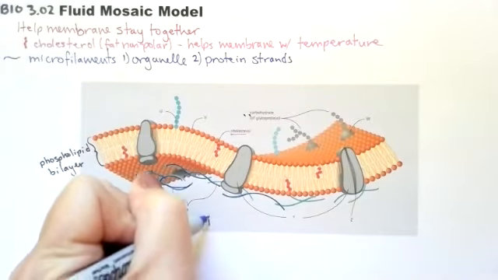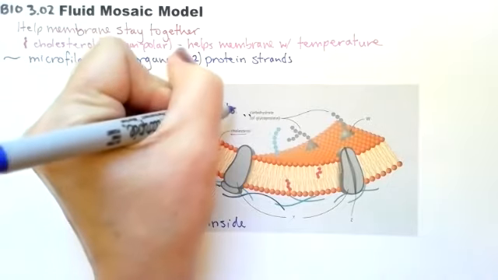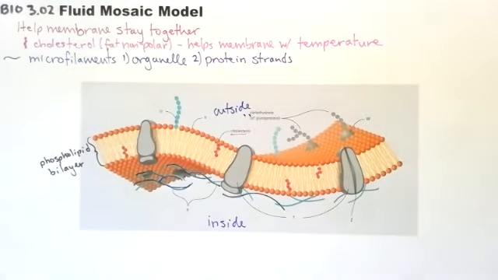And by the way, this is inside the cell, and this is outside the cell. You'll notice they're only found on the inside of the cell. Well, the reason is they help support the membrane from the inside of the cell. So they act kind of like tent poles.